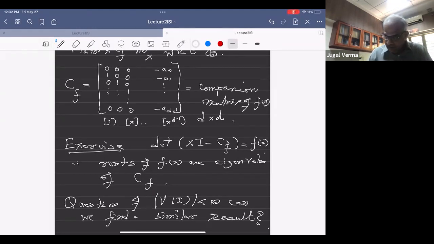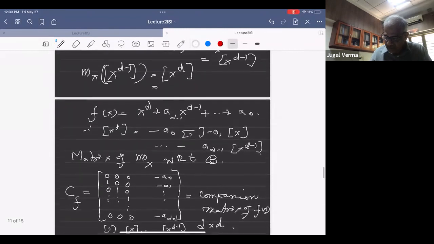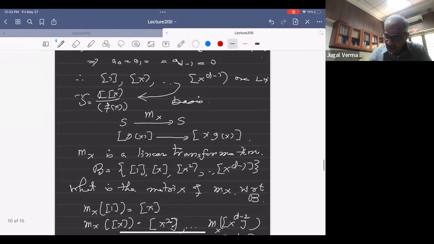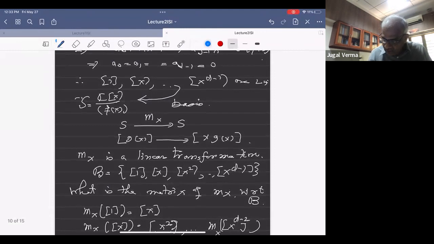Okay. Now this observation that the roots of f(x) are roots of the characteristic polynomial of the companion matrix, we derived using a special linear transformation. We just looked at this linear transformation Mx from S to S. Why restrict to Mx? x is after all a polynomial, right?